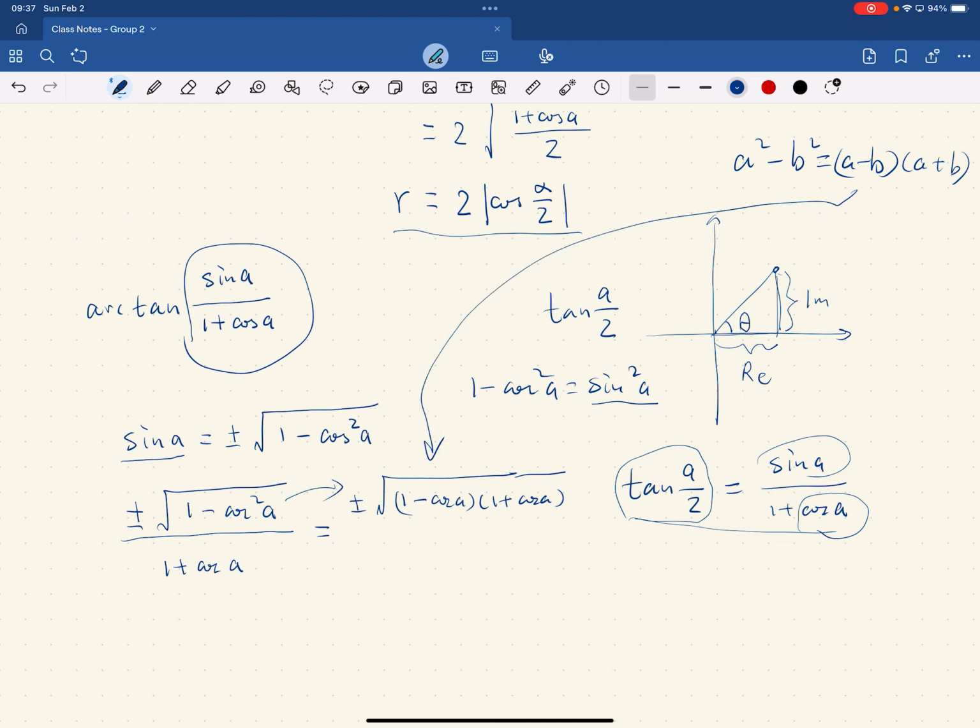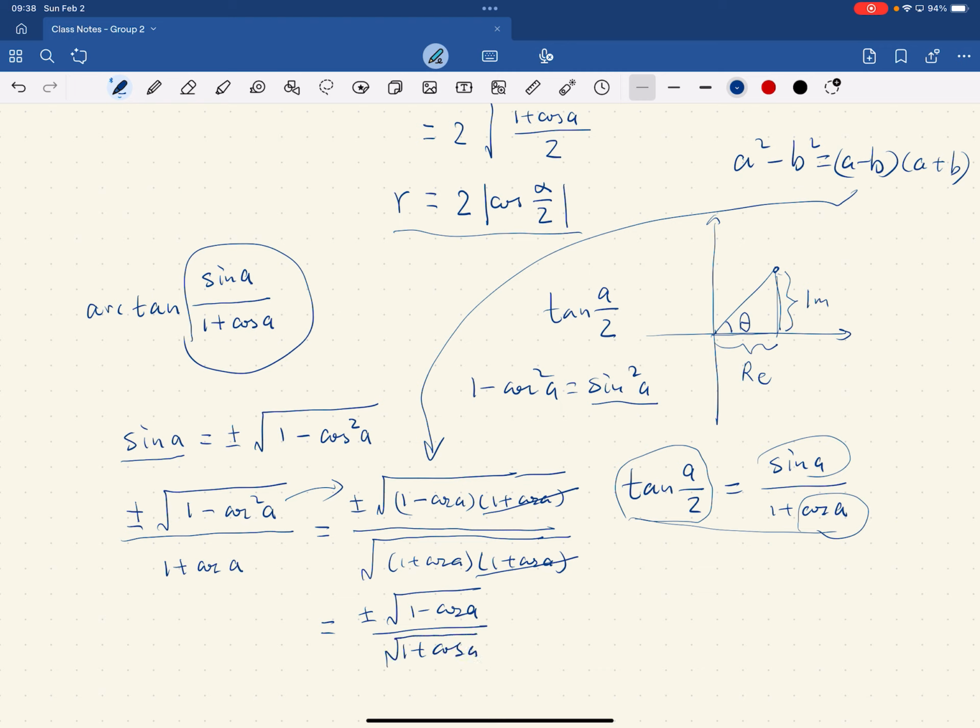And below it, it's 1 plus cosine A, and we can make it root 1 plus cosine A times 1 plus cosine A. Okay, we can cancel one of these. Then we get plus or minus root 1 minus cosine A over 1 plus cosine A.